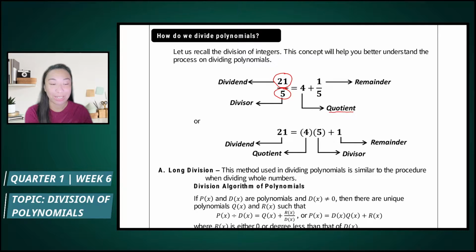We can also write it in the form of 4, which is our quotient, plus 1 over 5, where the numerator is the remainder and the denominator is the divisor. Or we can write it as 21, which is the dividend, equals 4 quotient times 5, the divisor, plus 1, which is the remainder.